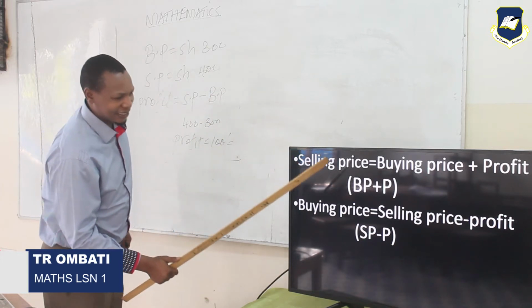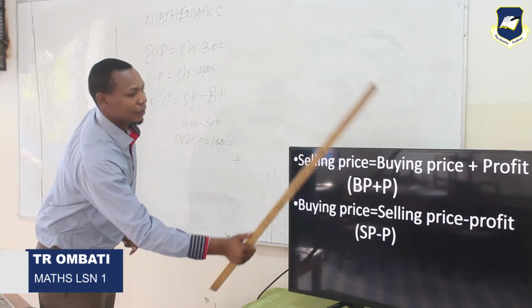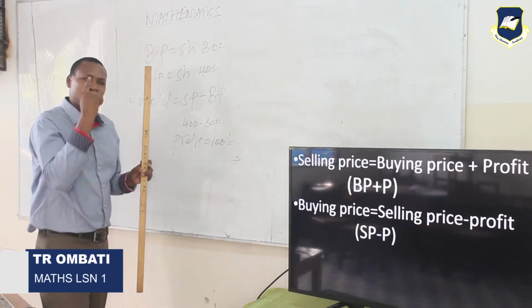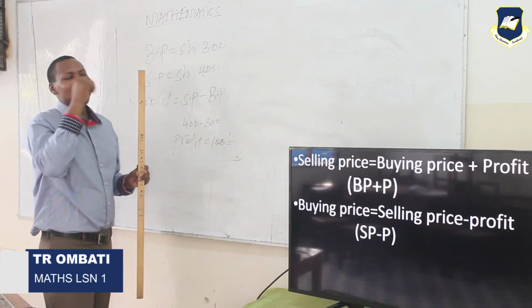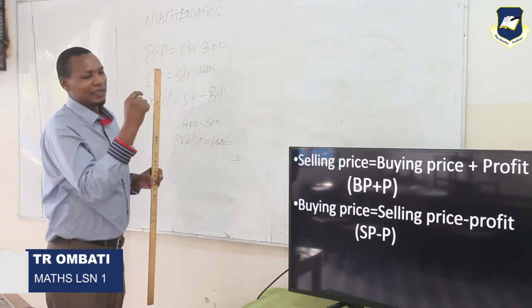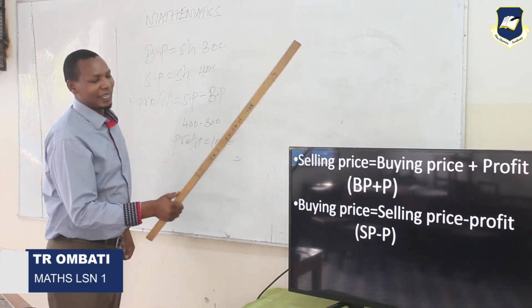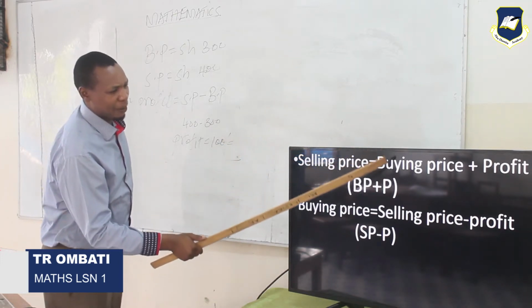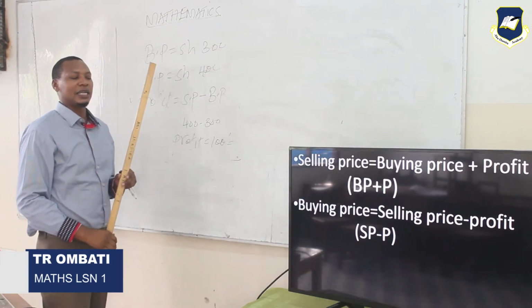The selling price is given as the buying price plus the profit. In any case, when you have a profit, the selling price must be more than the buying price. That's how we find the selling price.